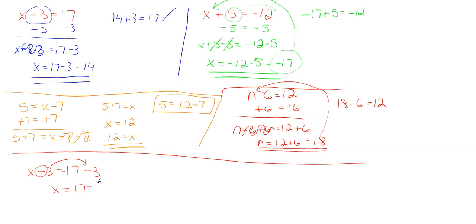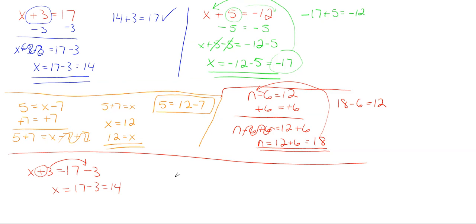So you would end up with the 14 again. Instead of taking the time and actually writing in minus 3 on both sides, you can just take it to the opposite side with the opposite sign. That's the key phrase there: opposite side with the opposite sign.